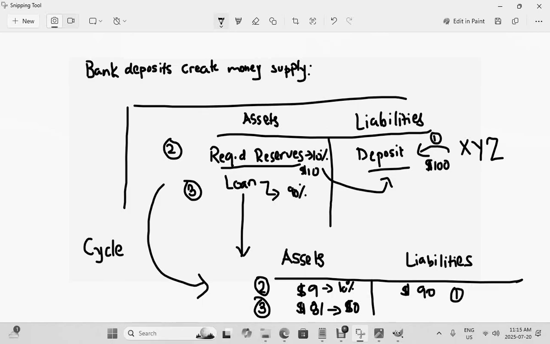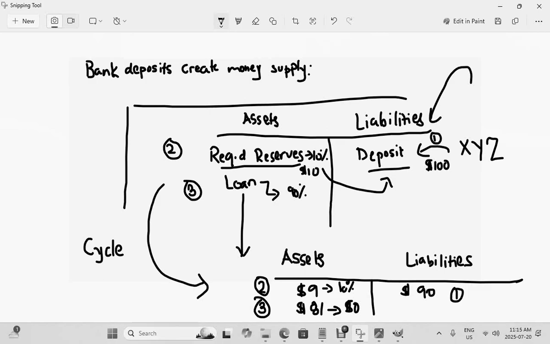So this is how banks create money supply using deposits, using a single deposit, as a matter of fact. You have a single deposit that goes into several other banks, based on how the loans work. Once you have that, you have a cycle of deposits and a cycle of transactions. Eventually, as I mentioned earlier, your excess reserve will be equal to zero, which means the bank will no longer be able to give out loans, and this is where the cycle stops.